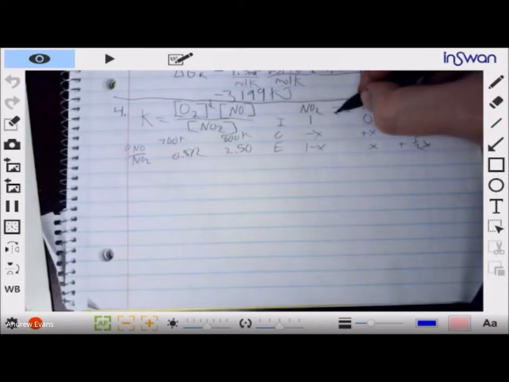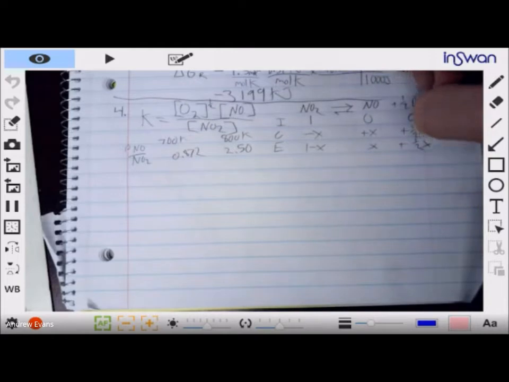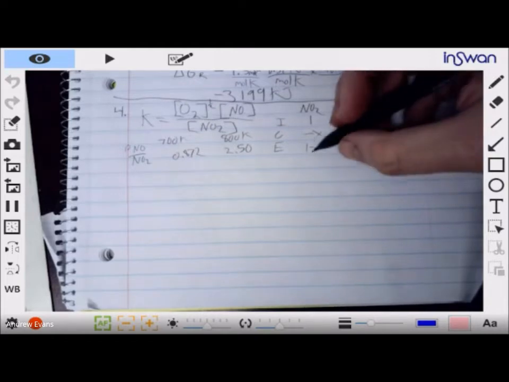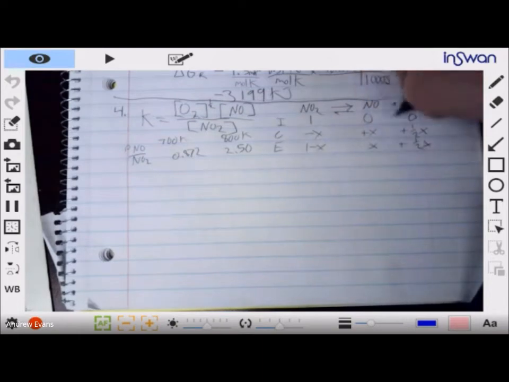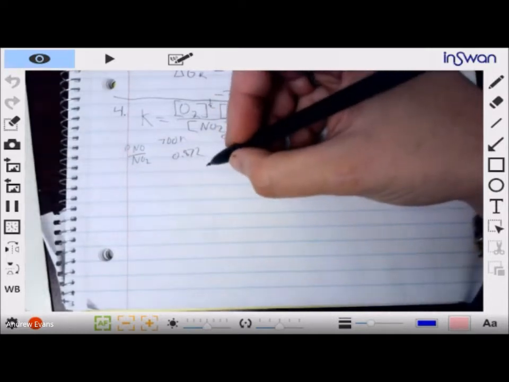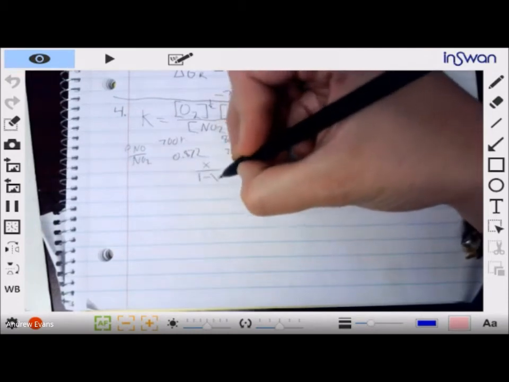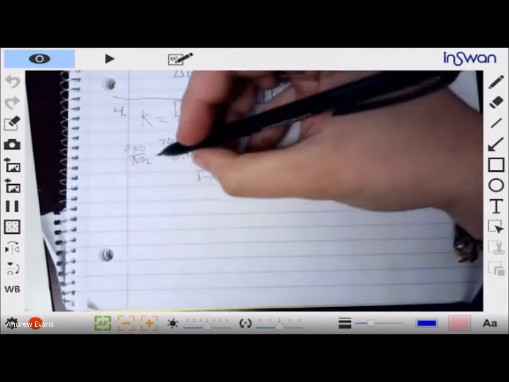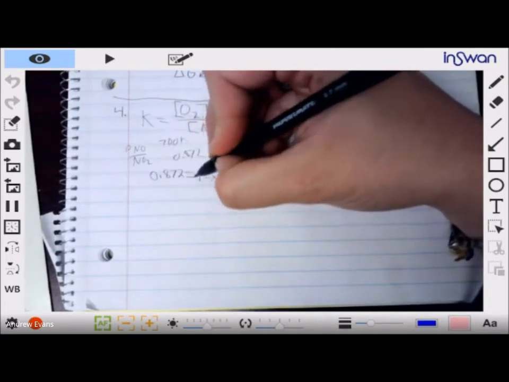And then at conclusion, we lost X and we gained X and a half X. So at equilibrium, we can say that NO2 is 1 minus X, NO is X, and O2 is 1/2 X. Well, these relationships are essentially x over 1 minus x. So if that is equal to 0.872, we can find out what our x is.